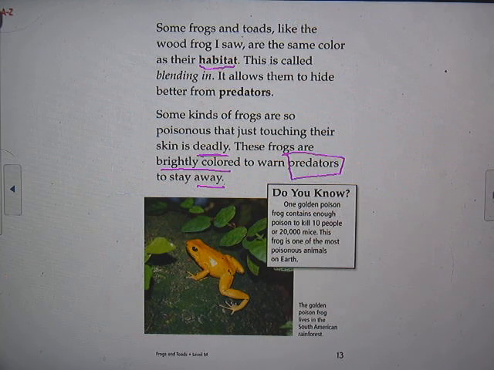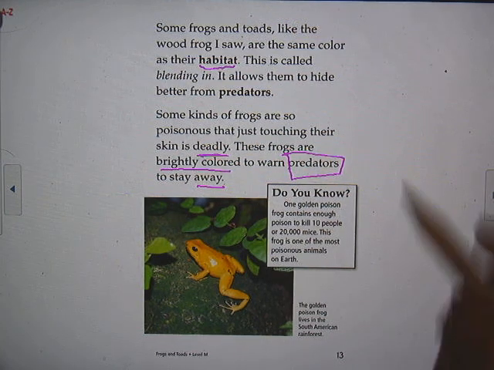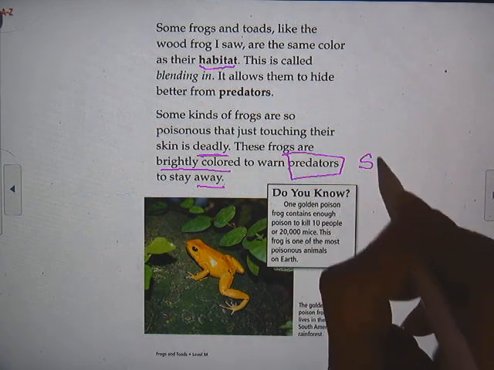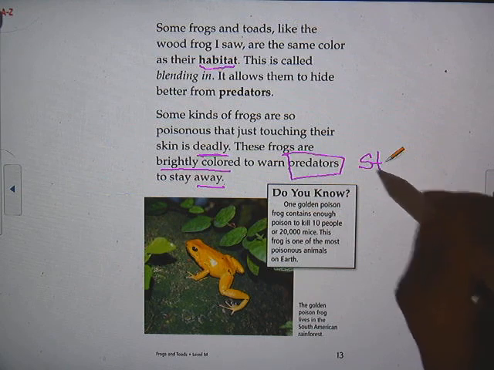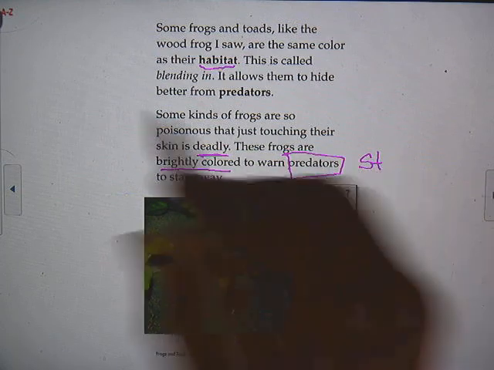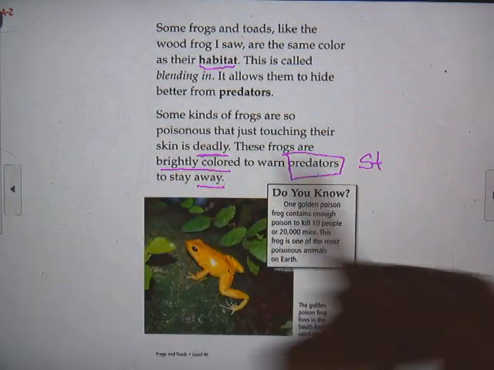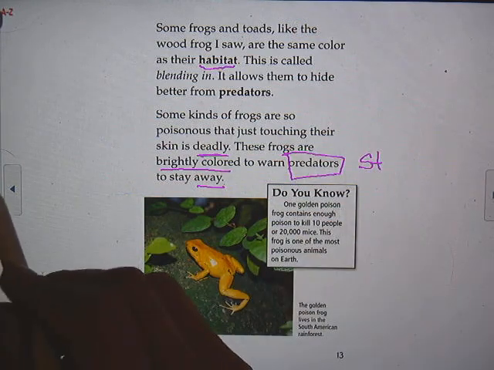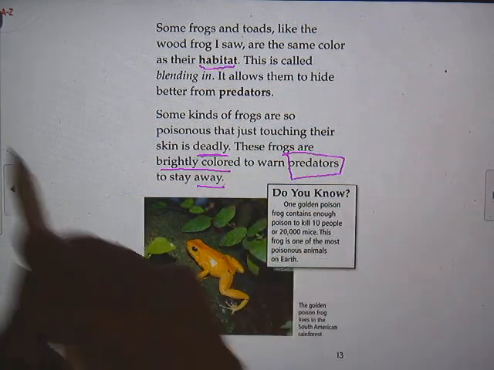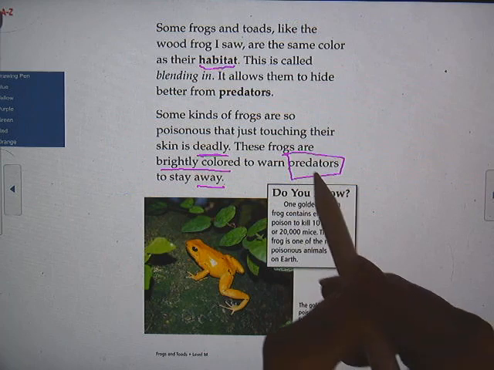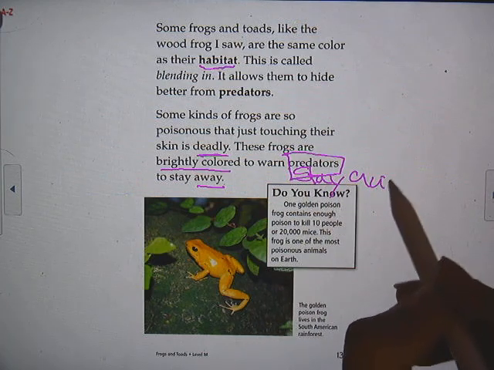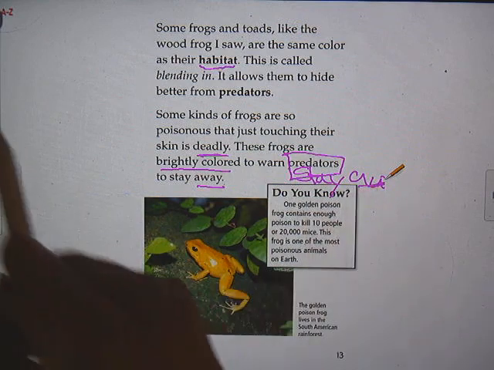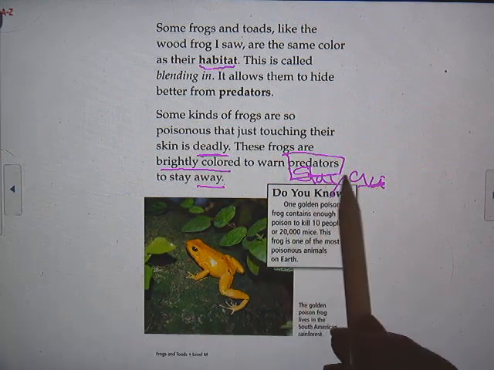So if you come across a brightly colored frog, you need to do what? You're going to want to stay away.